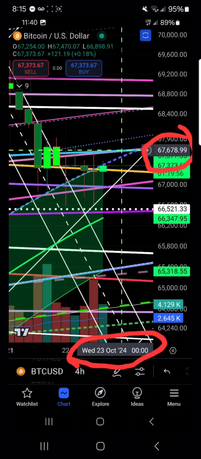Here we are looking at Bitcoin US dollar index on the 4 hour time frame. This is a snapshot I took yesterday before the close, before Wednesday's open.